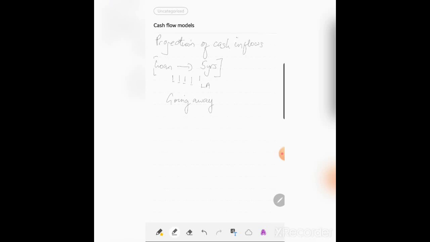When money is going away from my pocket, what do we call it? We call it outflows. Or in the language of cash flows, we say there is a negative cash flow.